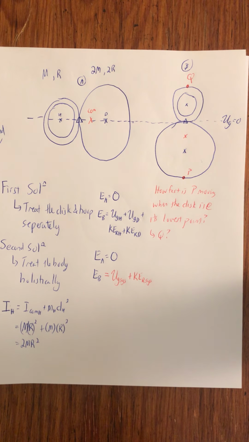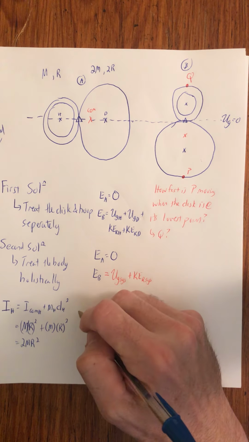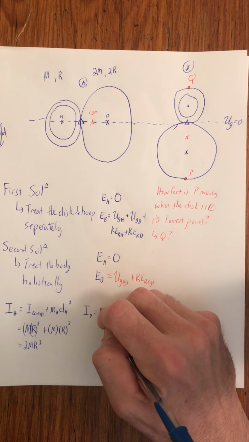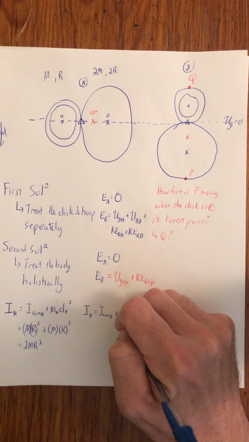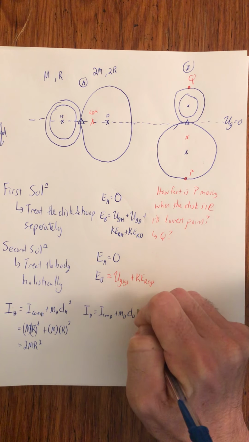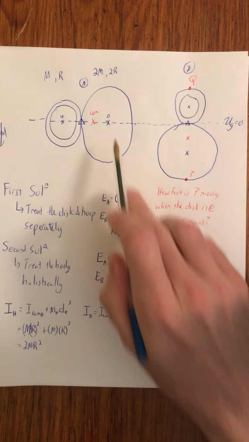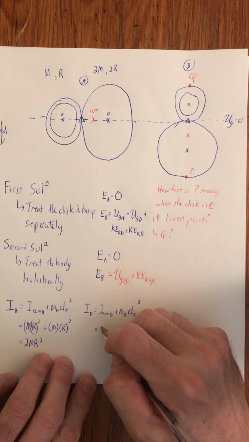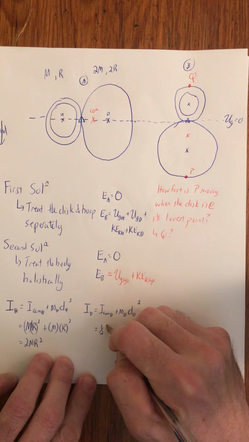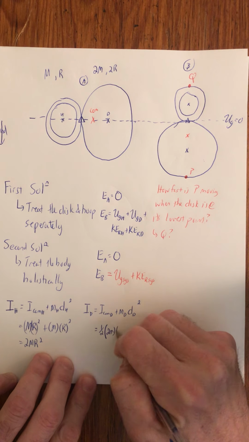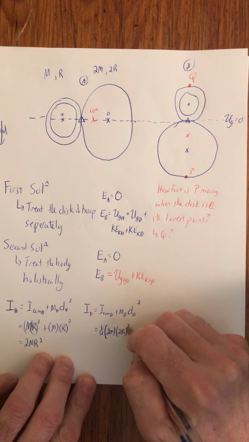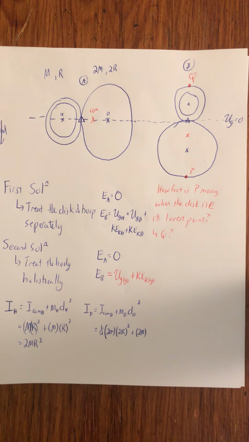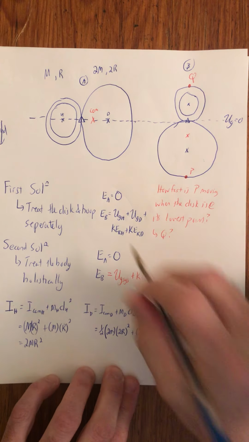We've already actually done this problem. I'm just walking you through this solution from before. I of the disk is going to be I_com of the disk plus the mass of the disk times d of the disk squared, because once again, the disk is not being rotated about its center of mass. So that's 1/2 mr squared, but the m of the disk is 2m and the r of the disk is 2r, quantity squared, plus the mass of the disk, 2m, times the shifting factor.